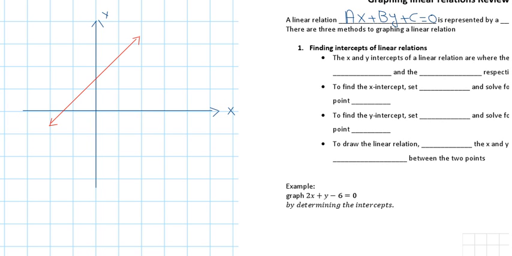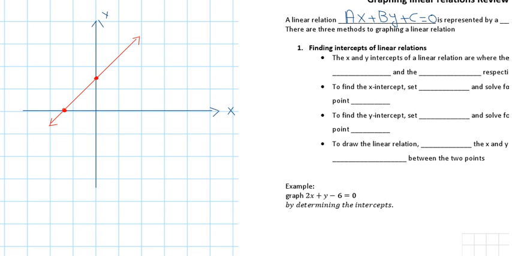The 2 points could be as easy as finding your x-intercept, where this line intersects the x-axis, and knowing your y-intercept. With those 2 points, you can draw the line.